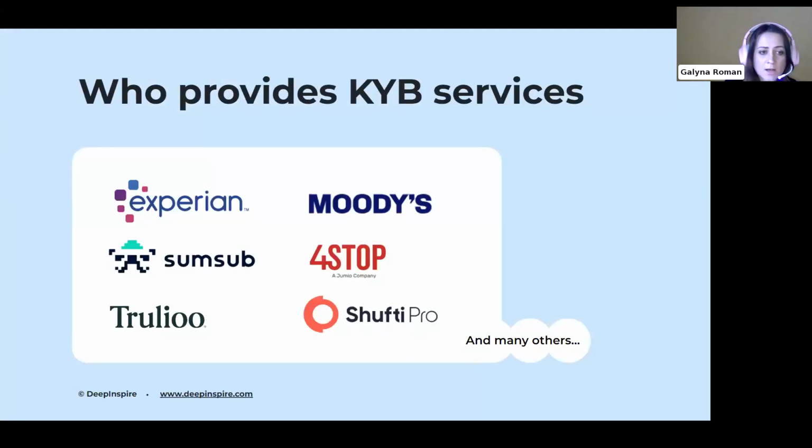But when we are talking about moving forward and scaling your business, there are a lot of solutions that provide this or that KYB service. For example, part of them provide integrations via APIs. Some of them provide their interfaces and customizable flows that you can adjust to your company flows.